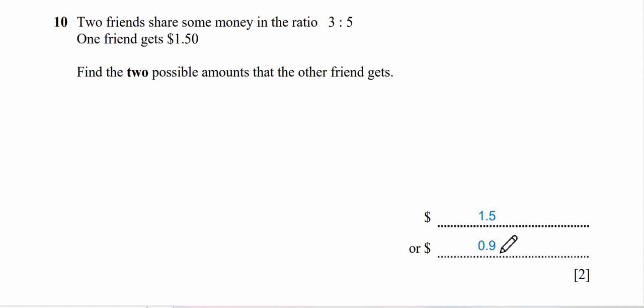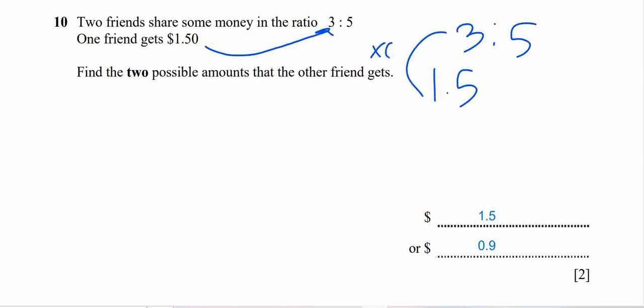So here's how it works. If one friend's $1.5 is the ratio of 3, then for 3 to 5, from 3 to 1.5 we multiply by 0.5. So 5 times 0.5 should be 2.5.